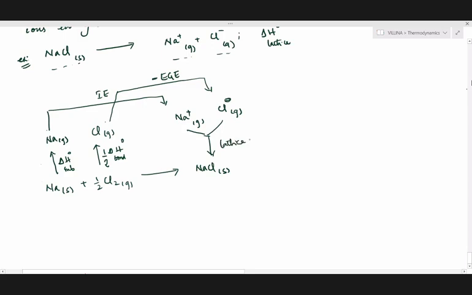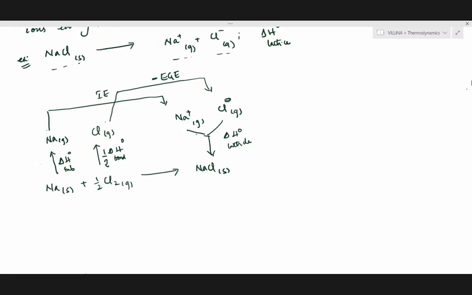If you remember, we used to indicate this as U. Here I'm directly writing this as delta H lattice. In the conversion of these ions to ionic compounds, since ionic compounds are solids, they will be packed in lattices. That's why this is called lattice enthalpy.